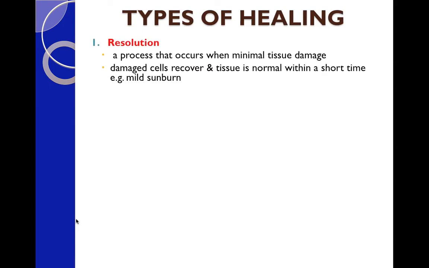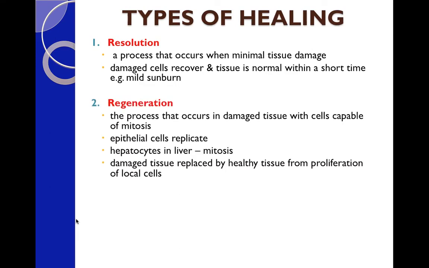We talked about the types of healing, so it's possible that the damage resolves and the cells recover and function normally. So that's when the damage is fairly minimal. It's possible for cells to regenerate depending on the cells and their location. Some regenerate very well, like the liver.